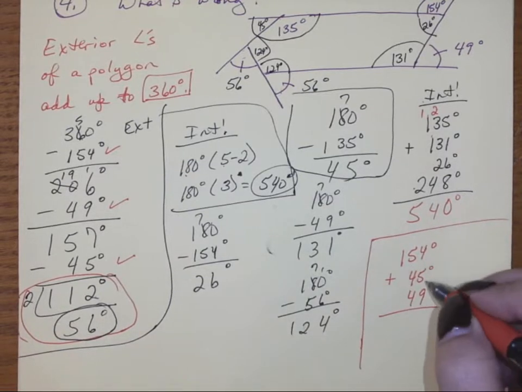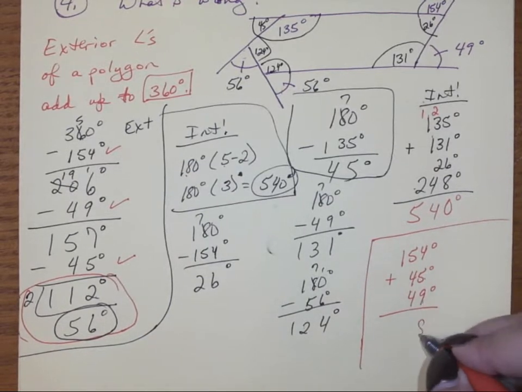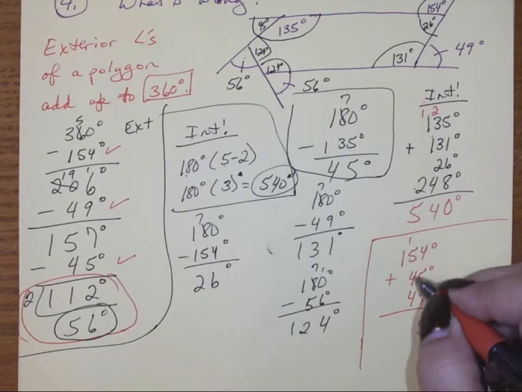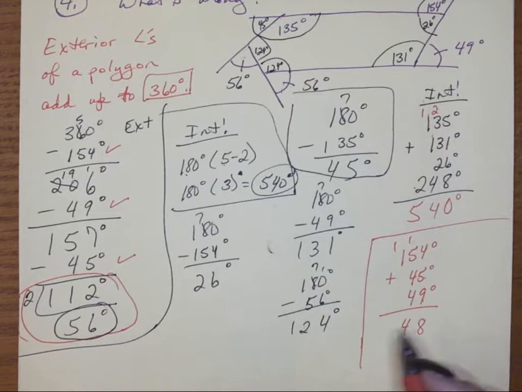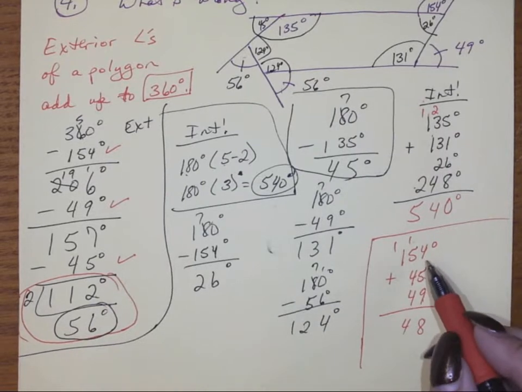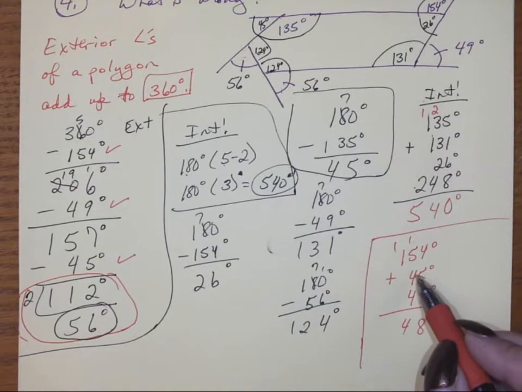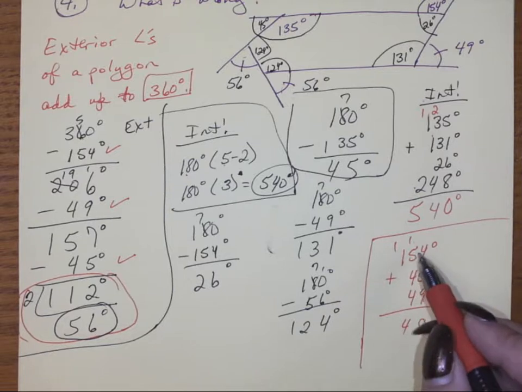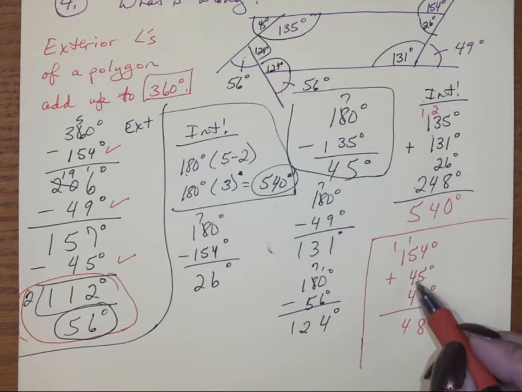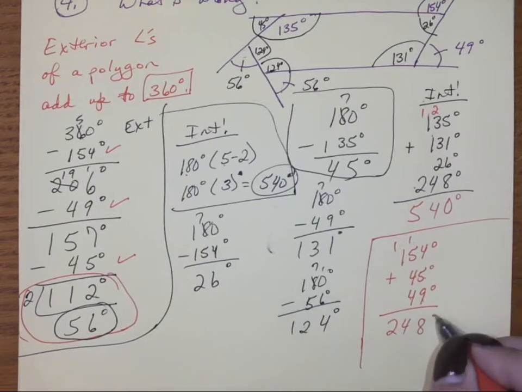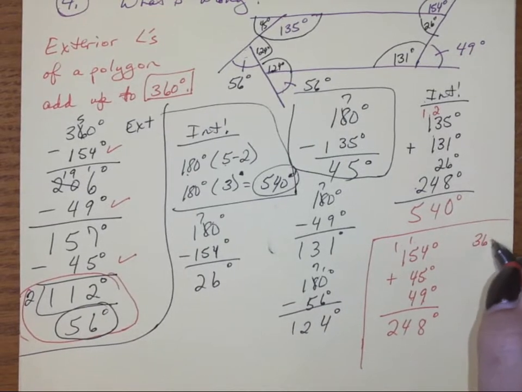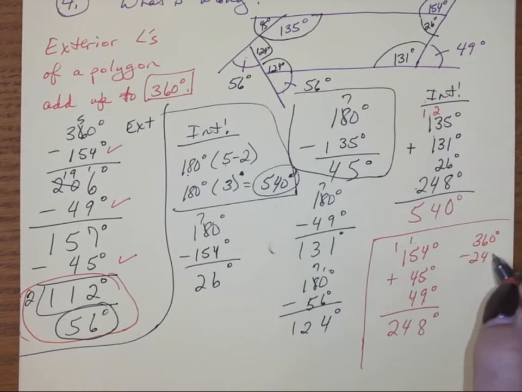Let's see what we got. 9 and 9 is 18. 5, 10, 14, 248. And I'm supposed to be subtracting that from 360 degrees.